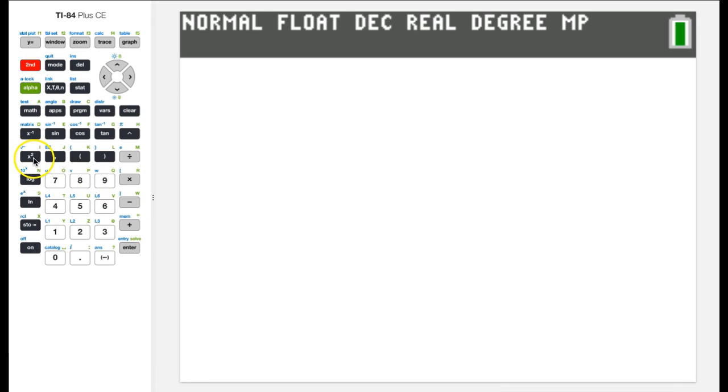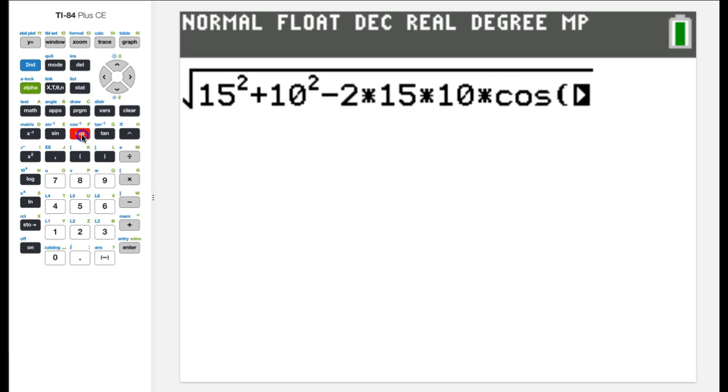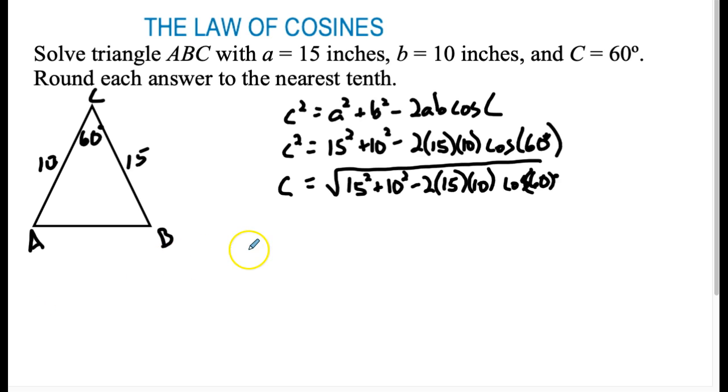And if we're rounding to the nearest tenth, that would be 13.2. So we get that side c is 13.2.